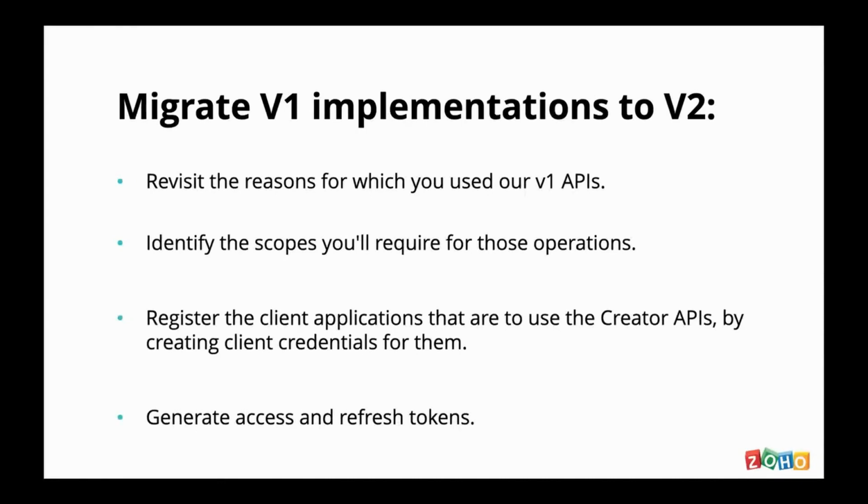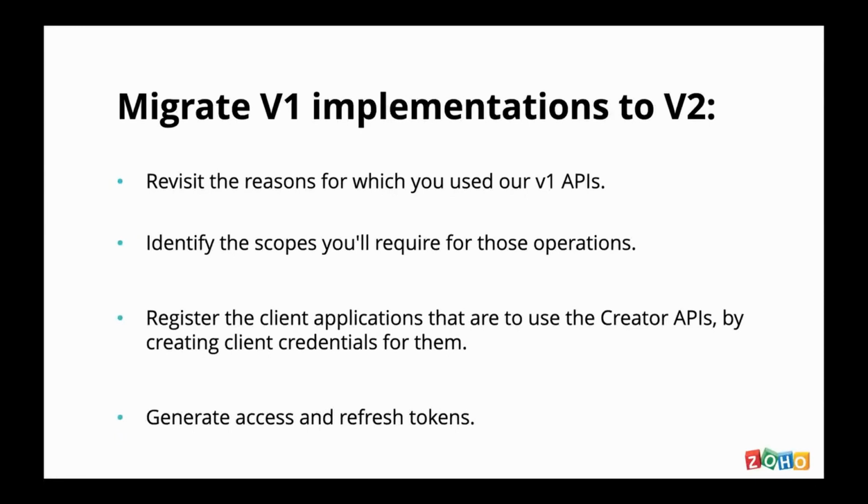Check what API actions you have created, like add record or delete record. Based upon those scopes, register your application in Zoho Developer Console and generate the IDs and authorization code as well as the refresh and access token. Make sure you register the right type of client to use the Zoho Creator API.